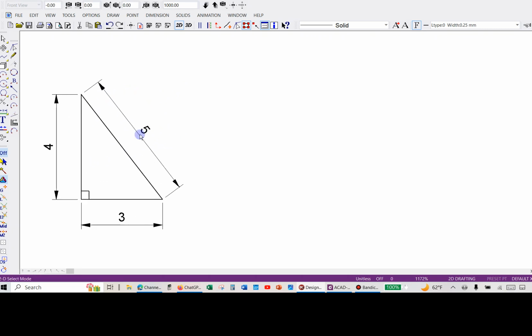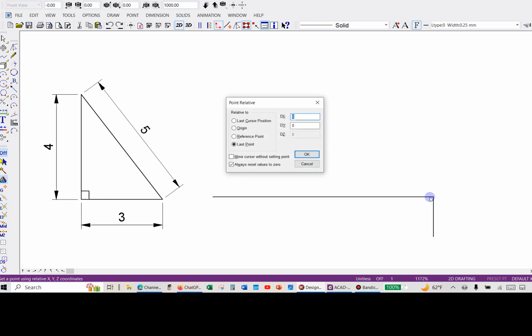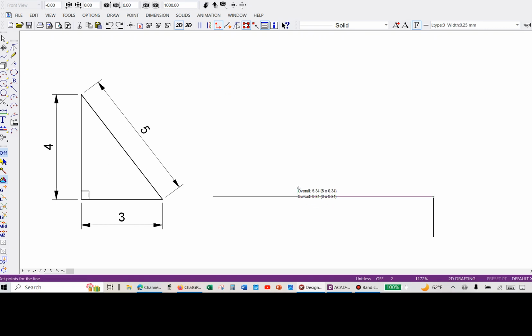So I'm going to explain why this is useful. Let's call this the baseline, and let's say that's a return on a wall, and you have to come over from here, point relative, let's say 5 feet, and put a point mark there.